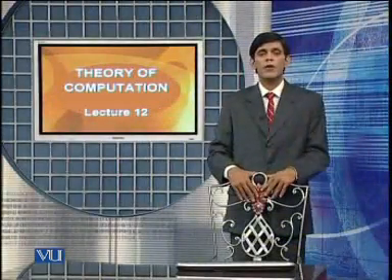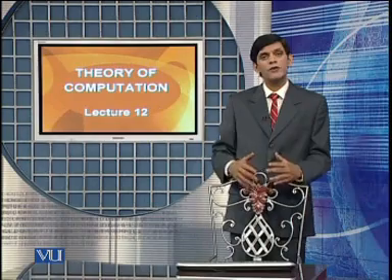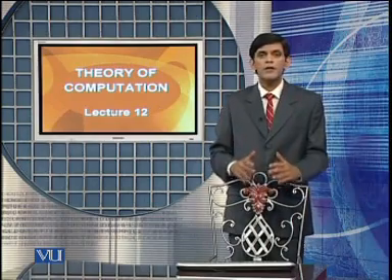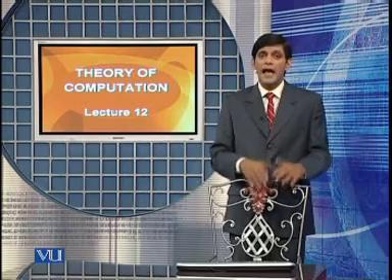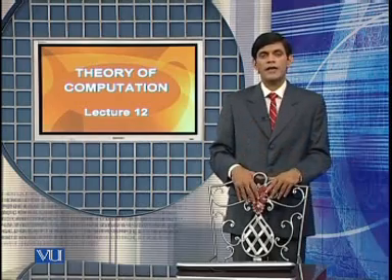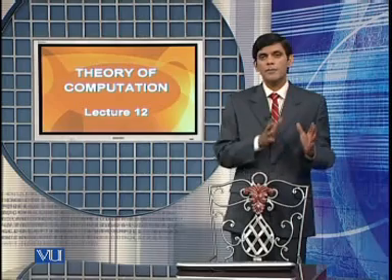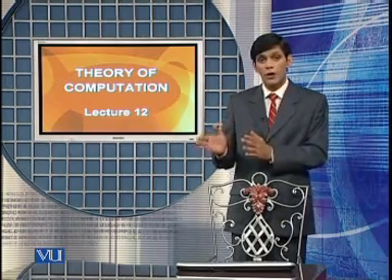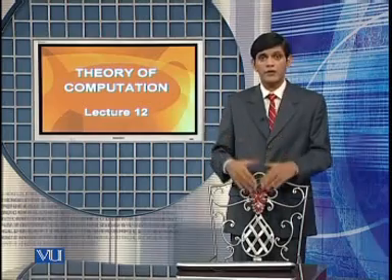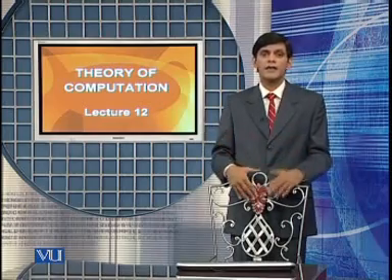The technique that we are going to use is the one that we have used before. We will assume that the PCP is decidable, and therefore there's a decider for it. We will use the decider for PCP to construct a decider for ATM, the halting problem. And that would be a contradiction, since we know that the halting problem is undecidable.